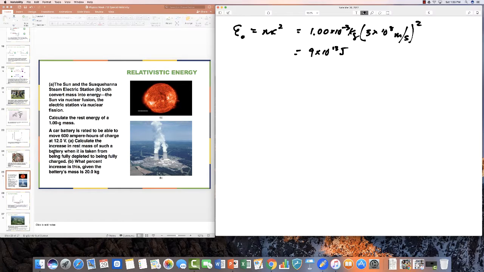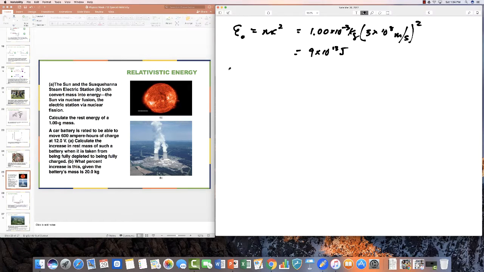Now, the second problem here: a car battery is rated to be able to move 600 ampere hours of charge at 12 volts. Calculate the increase in rest mass of such a battery when it is taken from being fully depleted to being fully charged. Well, what do we know here?